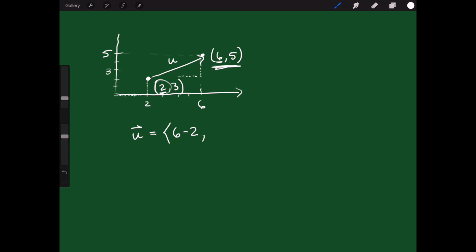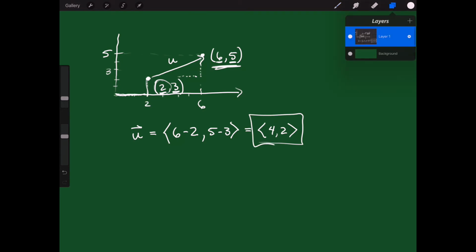Then I'm going to take 5, and subtract the y value where it started, which is 3. And I'm going to end up with the vector 4, 2. All right. So if I shifted this thing down 3 and I shifted it back 2, then I'm going to end up with the vector 4, 2 in component form.